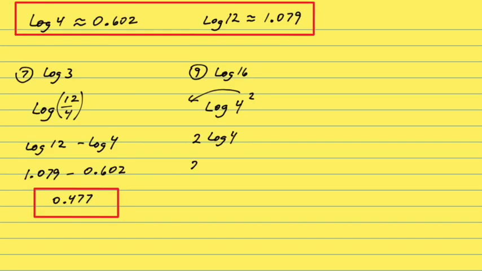And so I have 2 times the log of 4. 2 times 0.602, which is 1.204, I believe. So you're using these values and trying to match it into one of the formulas so that you can evaluate it.